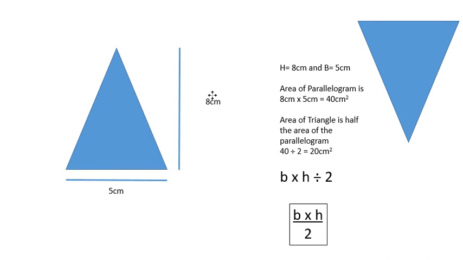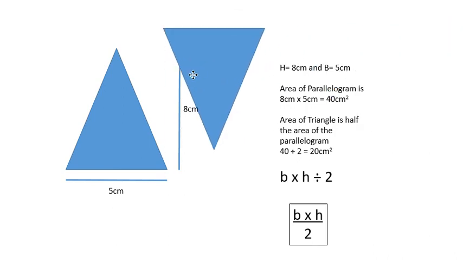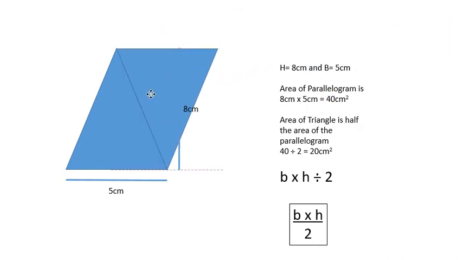So let's take this one right here. I have a triangle that has a base of 5 and a height of 8 centimeters. But you might have forgotten what the formula for that is. Take another triangle, exactly the same, and you can see here, I just made a parallelogram, but my height is exactly the same as my old triangle, and my base is exactly the same as my old triangle.